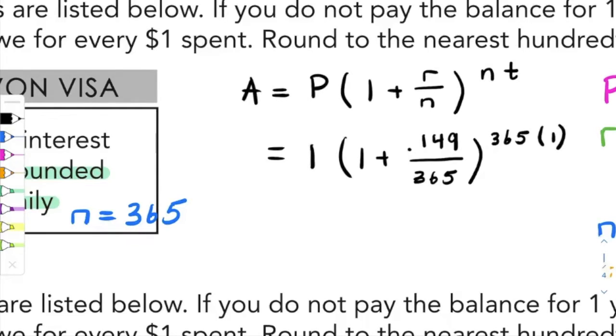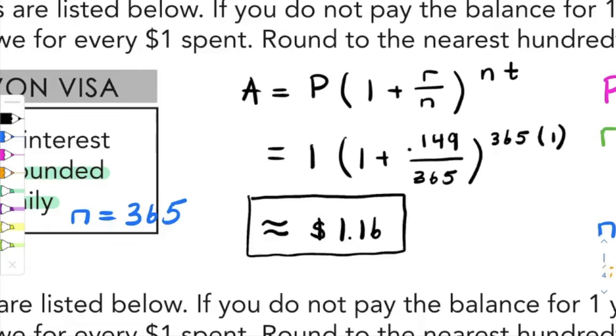When I type this into my calculator, I end up with approximately 1.16. That means for every $1 you spend and you don't pay back for a year, you're going to owe $1.16. So you owe an additional 16 cents on that $1 if this is the interest rate and it's compounded daily.